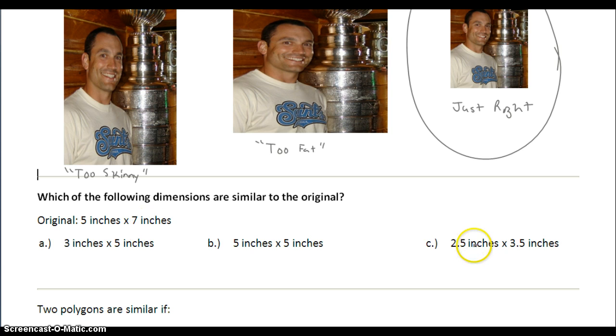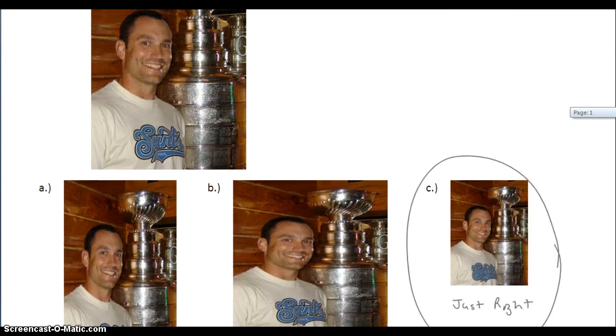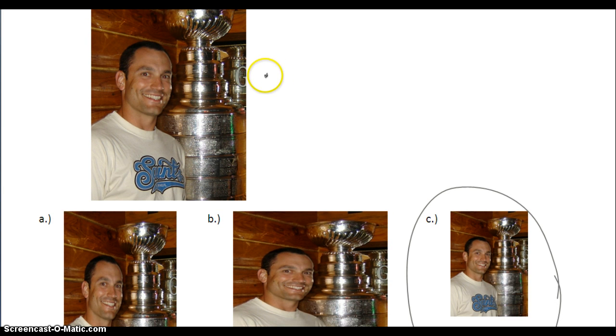And to get to C, I would take both of these numbers, 5 and 7, and divide by 2. So the one that's similar to the original is actually C. And if I look at these photos, my original photo was actually 5 by 7.